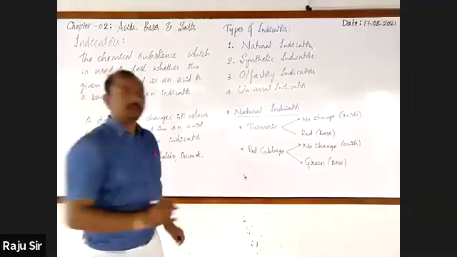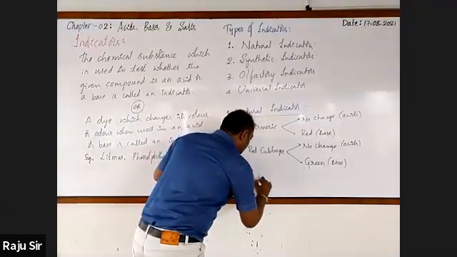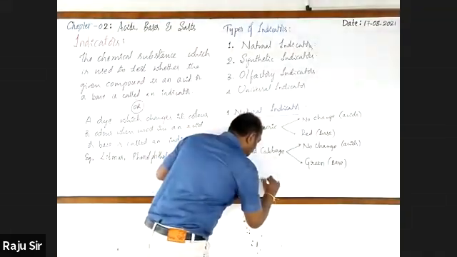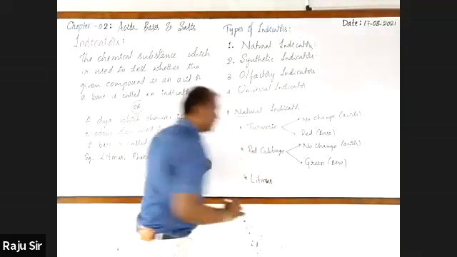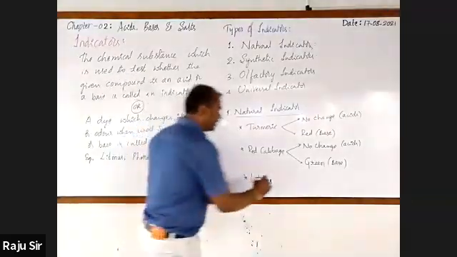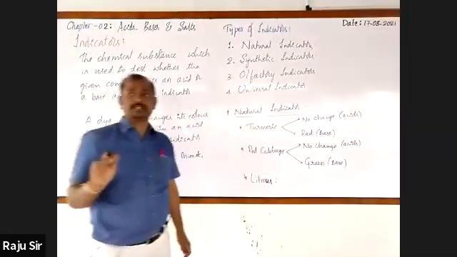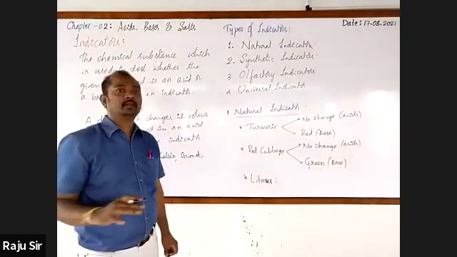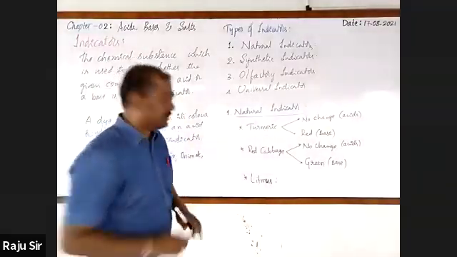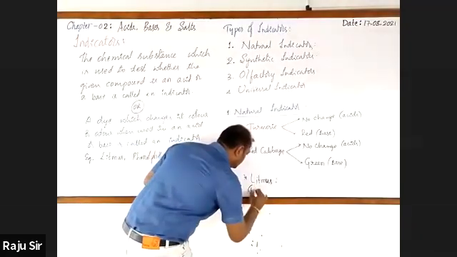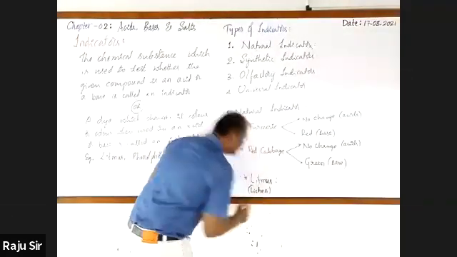Next, I'll take the litmus. Litmus is also a natural indicator which is obtained from the plant called lichen. What is its color?